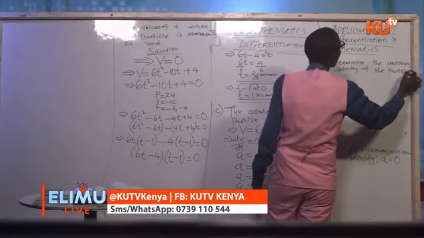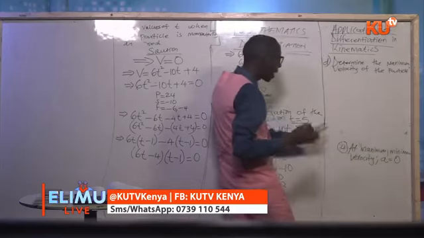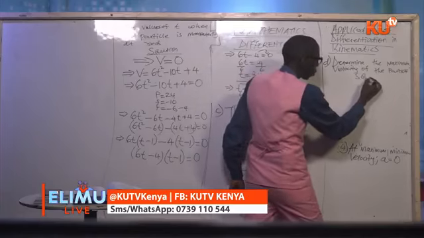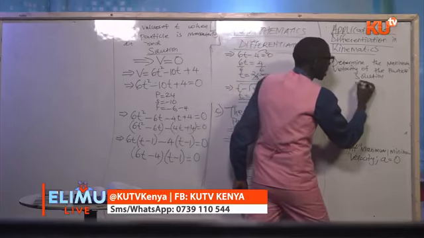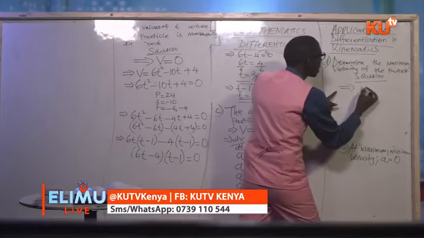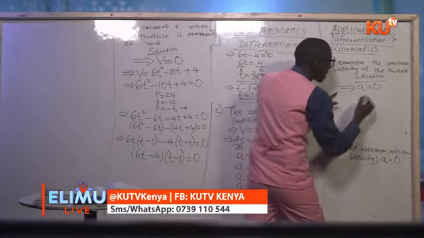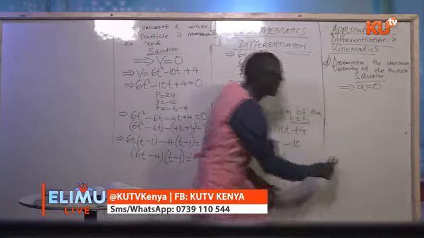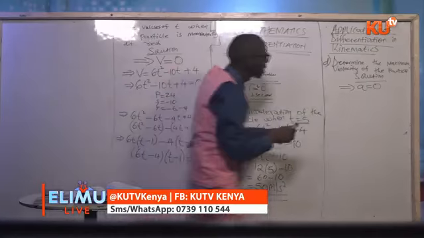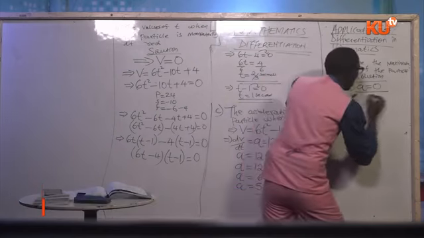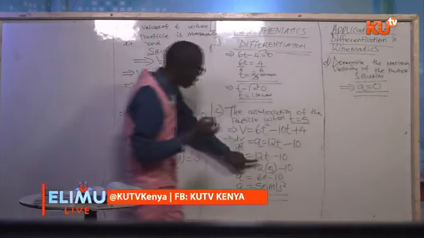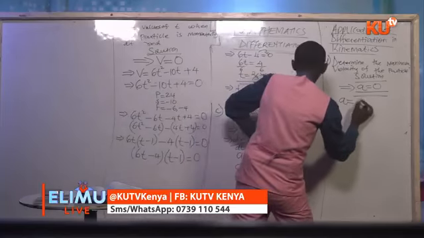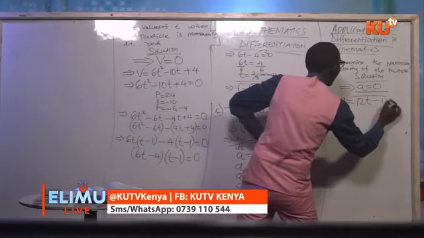The maximum velocity of the particle, we said at maximum velocity, acceleration is 0. So we first get the value of t when acceleration is 0. Already in part C, we have the expression of acceleration, which is 12t minus 10.